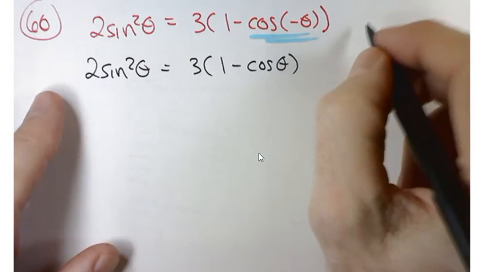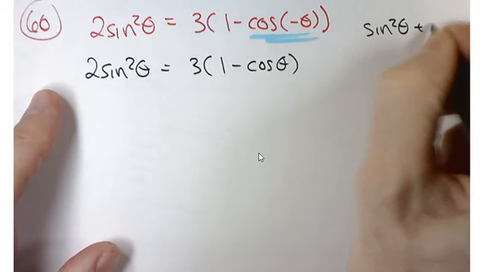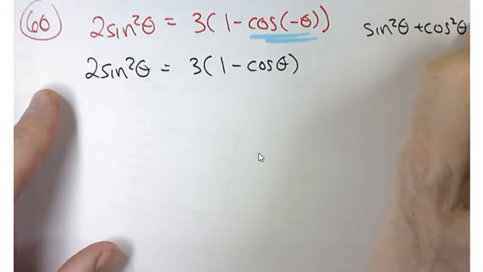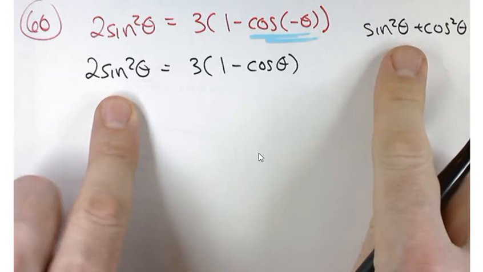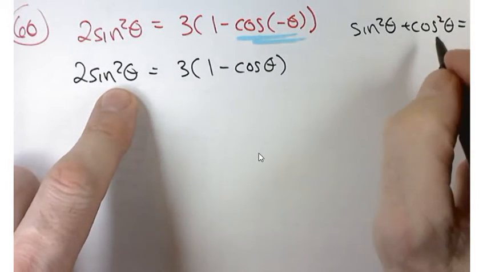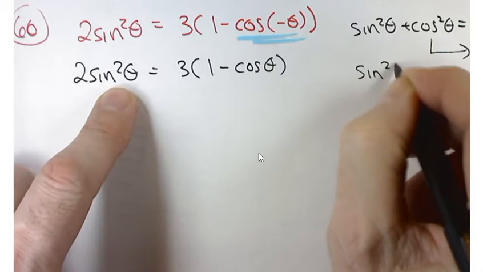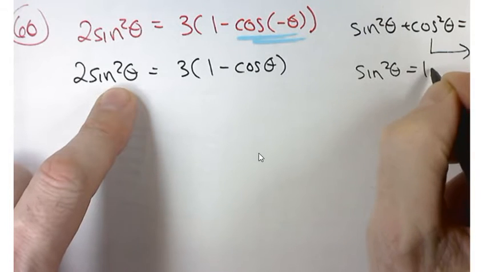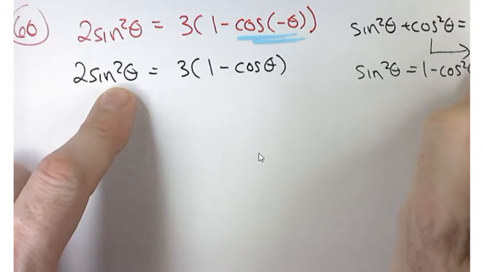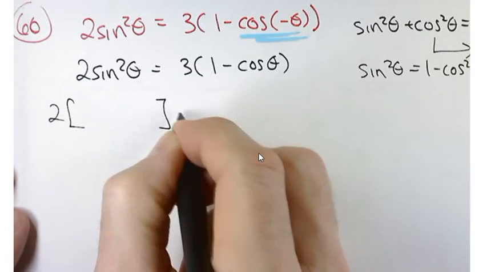And since my favorite identity is the Pythagorean theorem, sine squared of theta plus cosine squared of theta equals 1, I'm going to look to this to make a change. I'm going to try and get rid of the sines and replace them with cosines. So sine squared of theta is 1 minus cosine squared of theta. So I'll make that substitution.